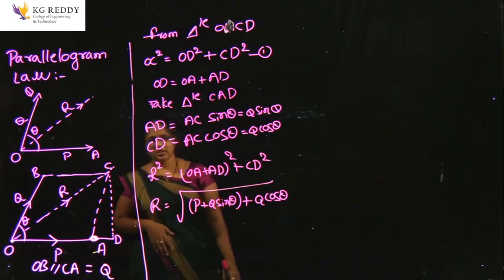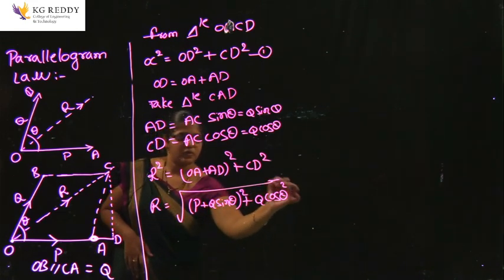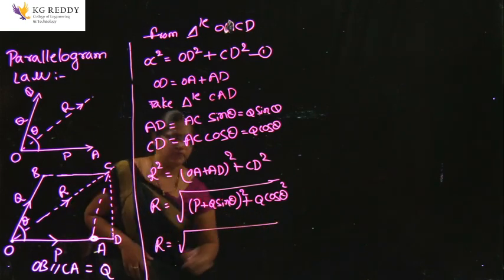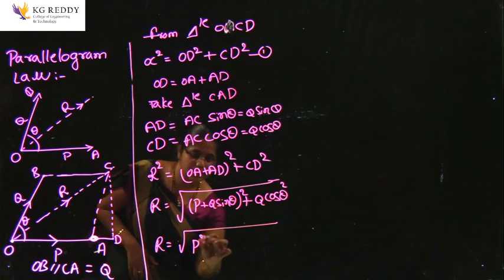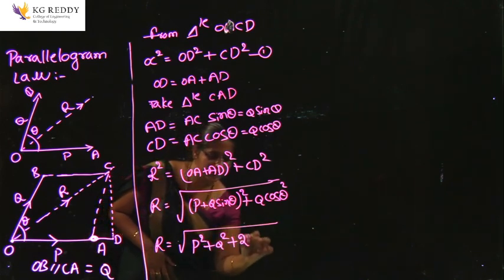From these values we can take R equals under root of, this is in the form of A plus B whole square, right. So, P square plus Q square plus 2PQ.